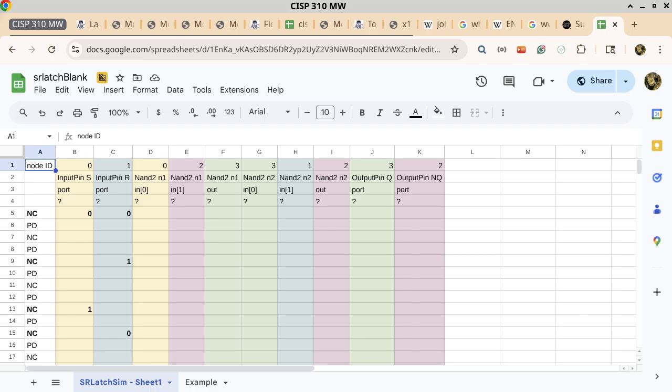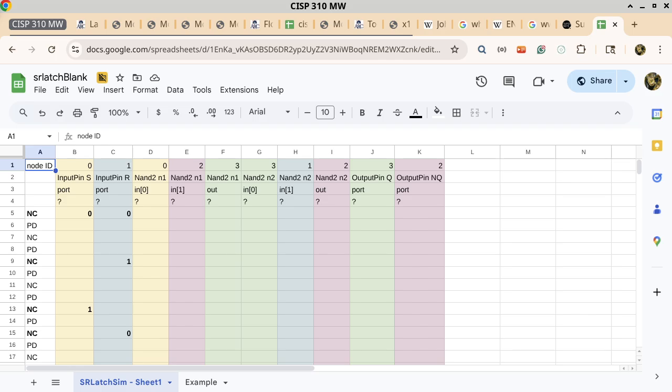So what about row one and all the picture, all the colors? Well, I have a black and white tablet, so I cannot use colors, for one. Two, the colors are really just highlighting the nodes. In other words, it is telling you that N1 in 1, the second input of N1, connects to the N2 output, and also connects to the NQ port as an output pin.